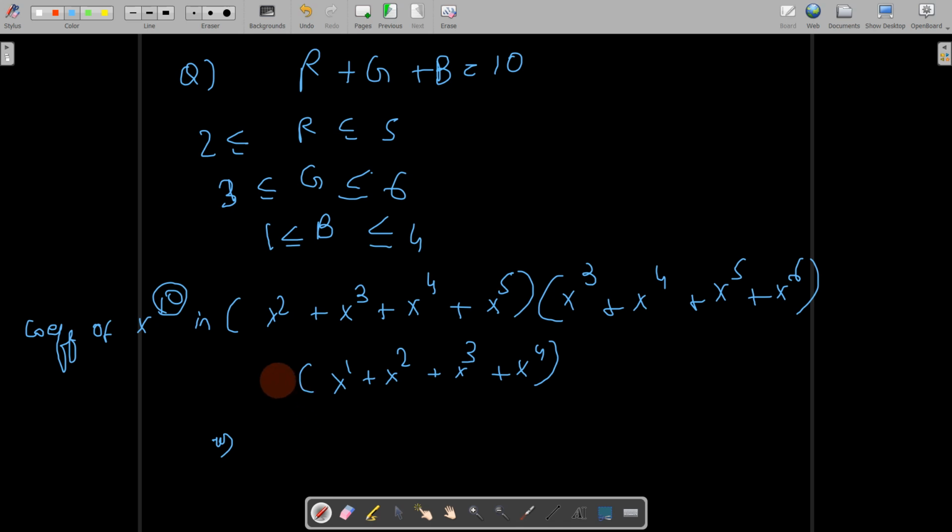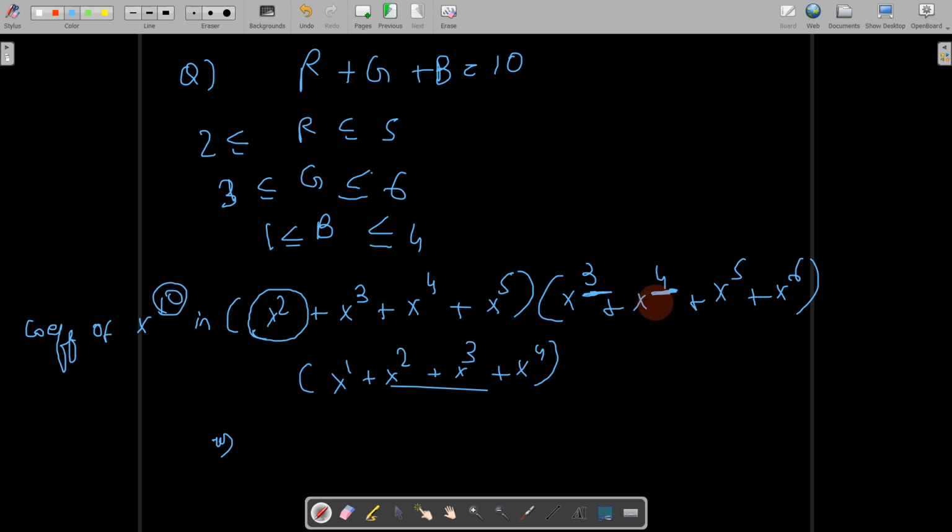What we can do is just multiply and see what is the coefficient of x power 10. Suppose we pick two red balls. Okay, we pick this term. Then how many more balls do we need? 8 to make x power 10. So how many ways can we pick 8? If we pick 3, 3 and 5 is 8, but we don't have 5 over here, so we cannot pick 3. So next is 4.